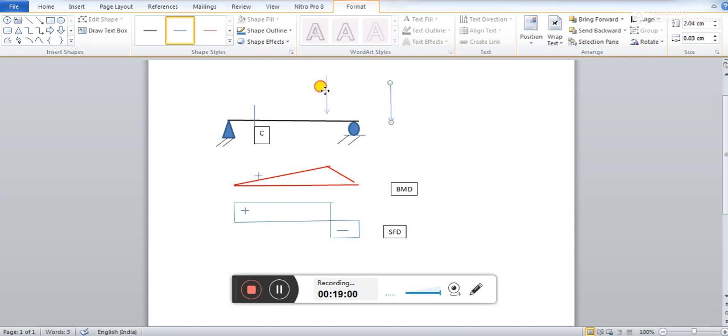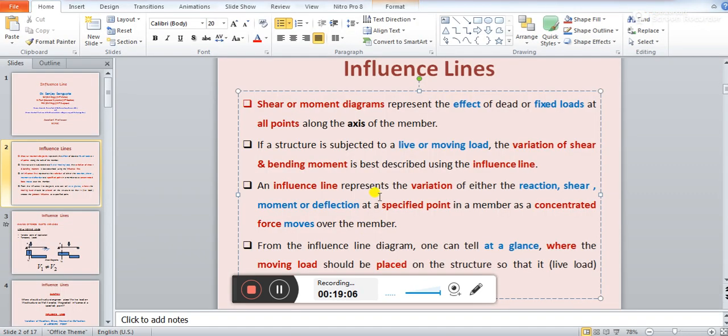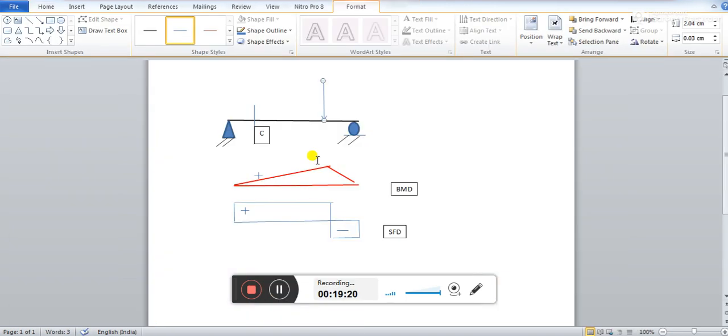So when this kind of moving load is going over this beam, if you want to find out the variation of shear and bending moment, what is the variation? I have shown you the variation. See what happened in this structure.